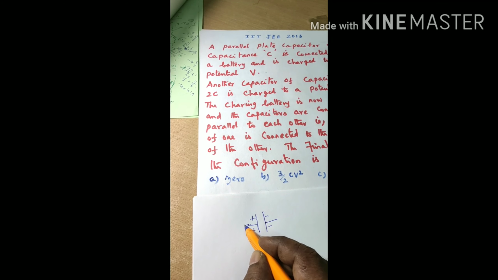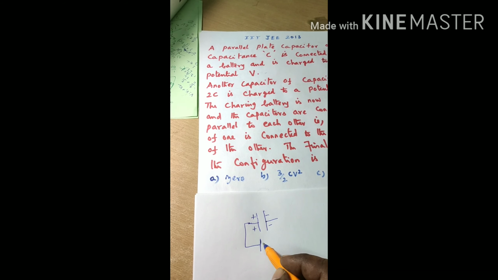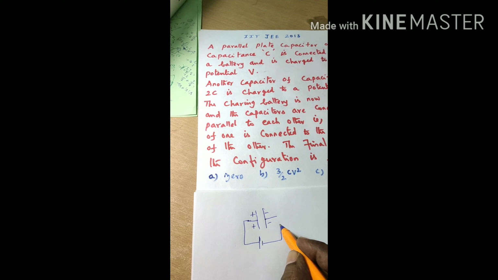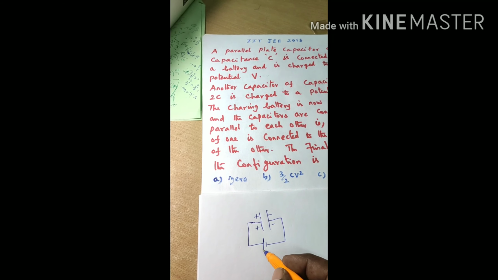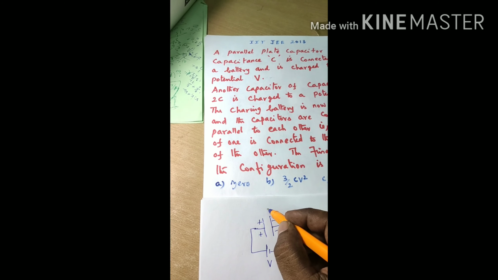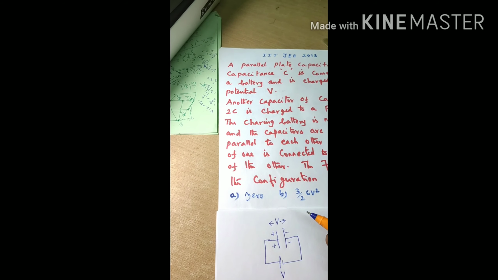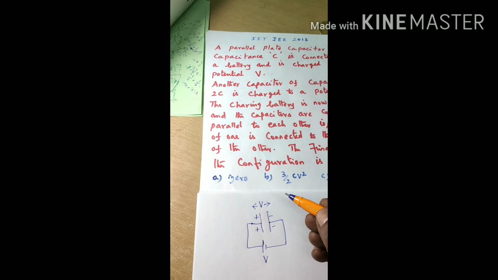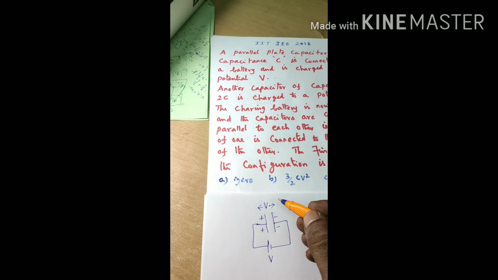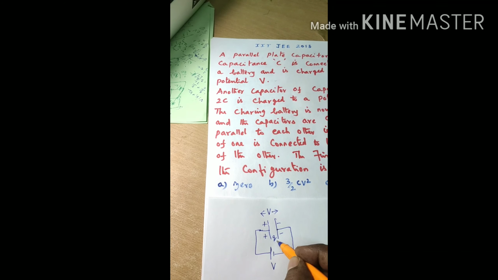These two plates are connected to a battery of potential difference V. Then the potential difference across this capacitor is V. Then the charge stored inside the capacitor is Q1.